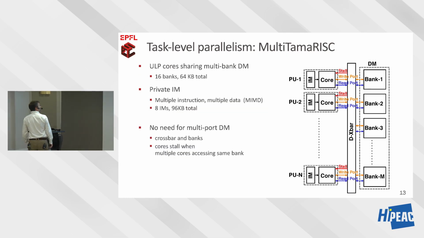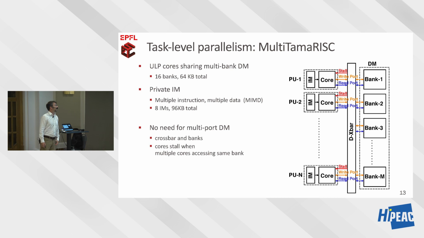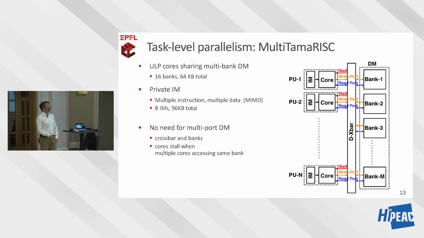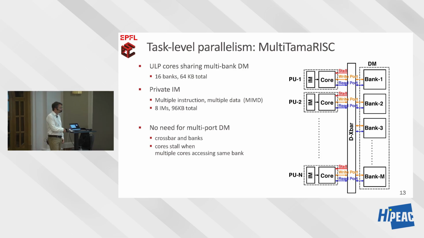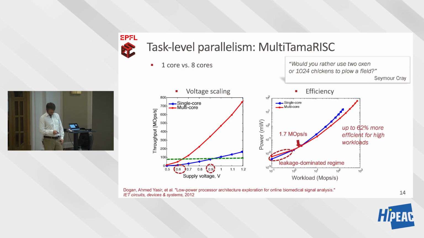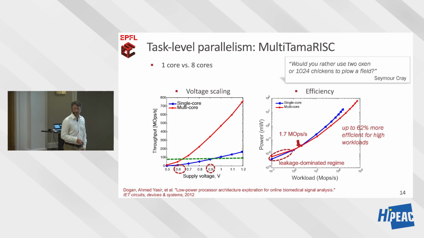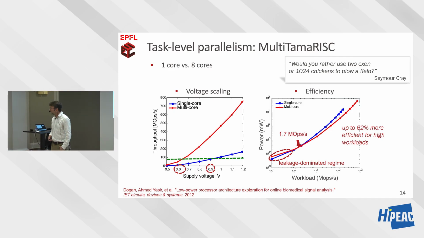So these are details of how the architecture was implemented. The data memory was shared, 16 banks, 64 kilobytes, private instruction memory, and each processor executed its own program. Now, what we wanted to investigate with this type of architecture is a question by Seymour Cray from Cray Supercomputers, which was kind of making the case against GPUs.